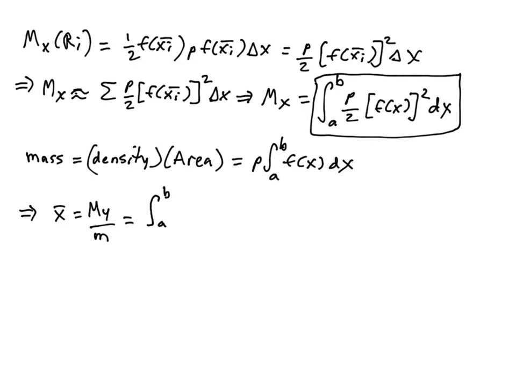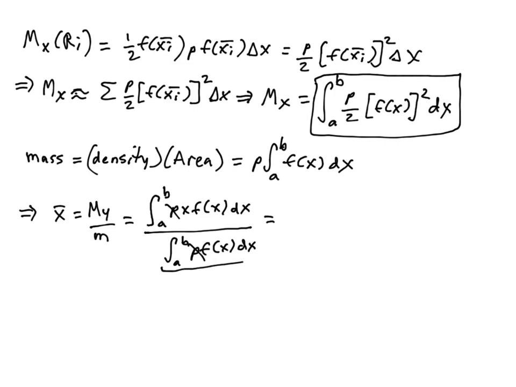This integral divided by this integral. Now, here's the thing about this. I sometimes heard students say, can't you just cancel these two integrals or the f's in there? That's not how integrals work. However, we can cancel something, which is that rho, because the rho is just a constant. In other words, it pulls out of both and we can just cancel it out. So if we cancel that out, we actually get the following.